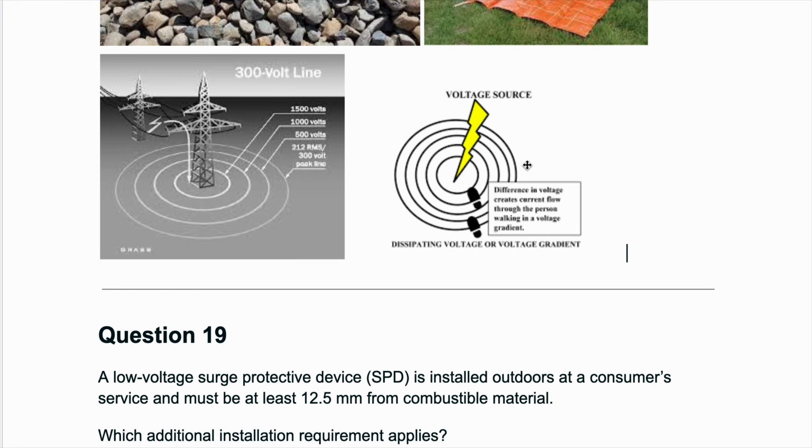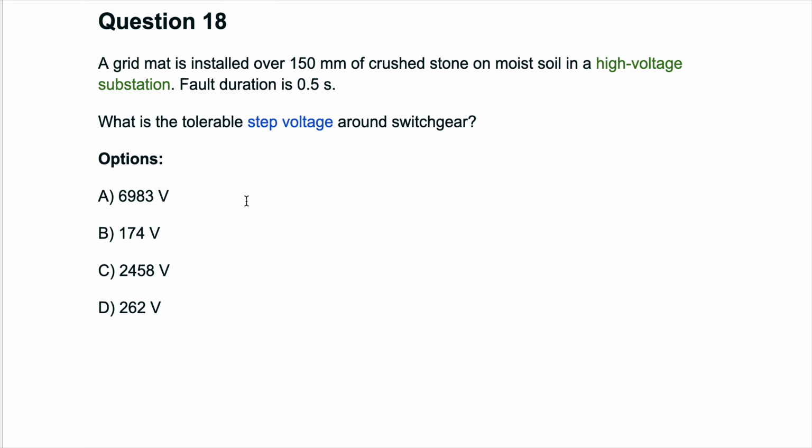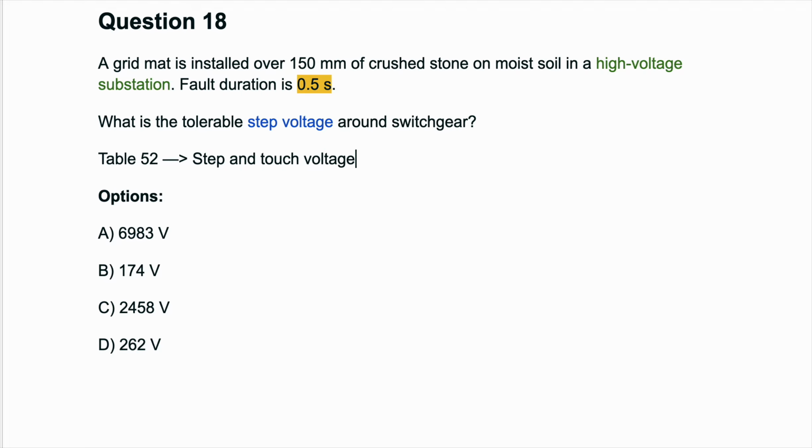Okay. So for this question we have a table. Let's go to this. When you see this one, we have a table for this. For a high voltage substation, for 150 mm crushed stone, for moist soil, when we are talking about step voltage, we have a table. Table 52 is for this one. Table 52 is about step and touch voltage.